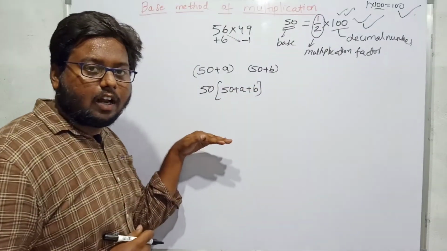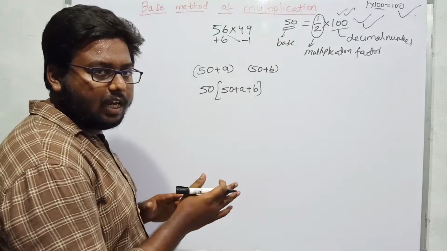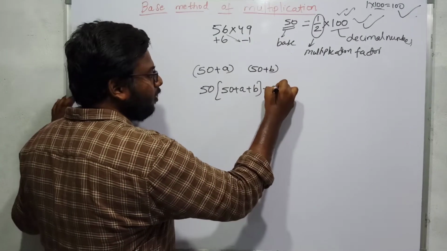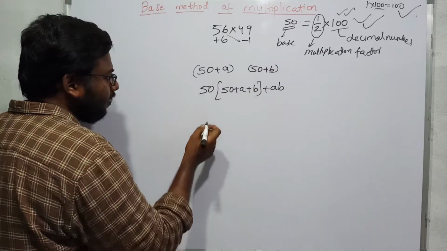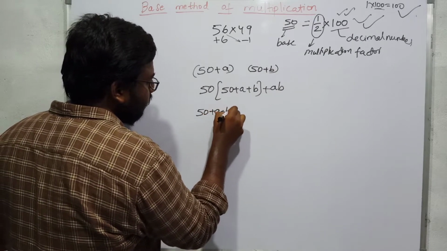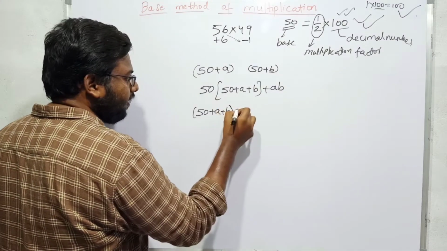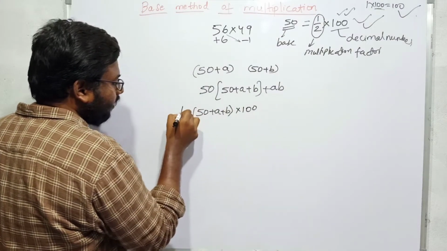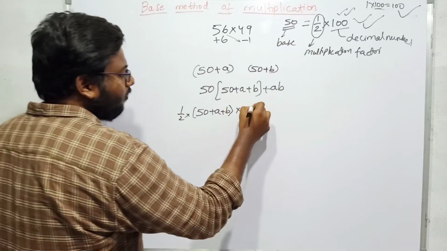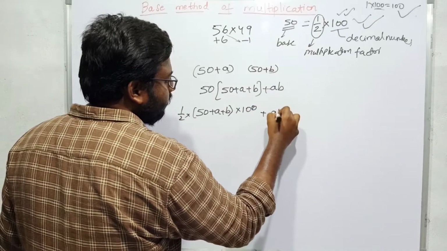If you are having clarity and if you practice more times, then you can reduce the steps and you can write as it is plus ab. You need to have more practice. And 50 plus a plus b I will write as it is, and I will write this 50 as half into 100. Here I will keep half and here I will keep 100, because I want to make this a perfect number.